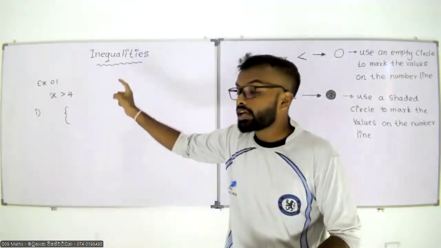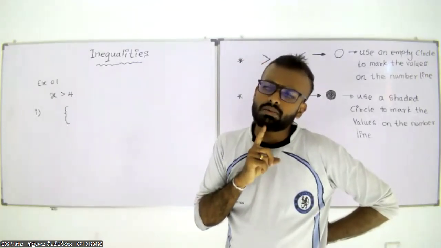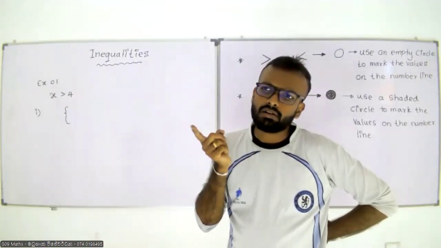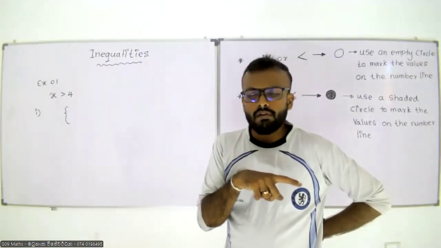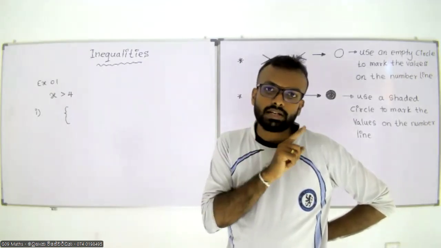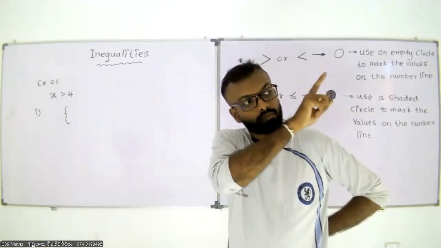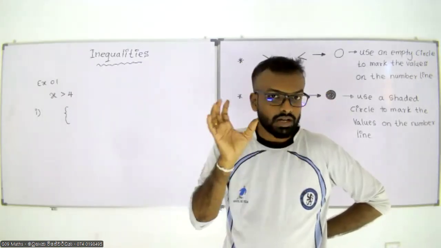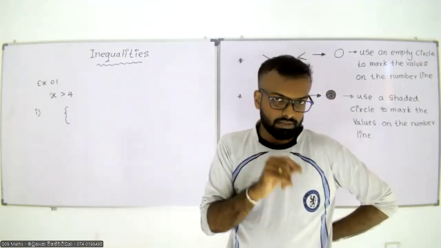What is the smallest number that x can take? It is greater than 4, so we have to begin from 5, 6, 7, 8, 9, 10, and so on up to infinity. So that is the value range that you can take for x.